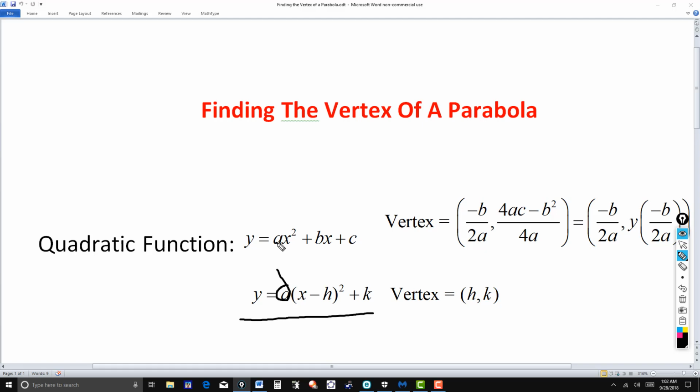If a is positive, the graph opens up. If the coefficient of the square term is negative, the graph opens down. So in this case we're looking at a minimum value, and over here a maximum value.